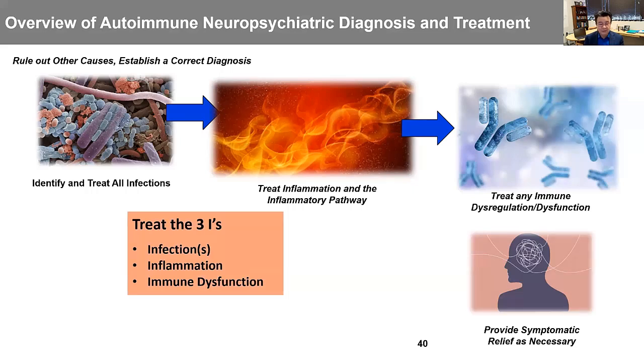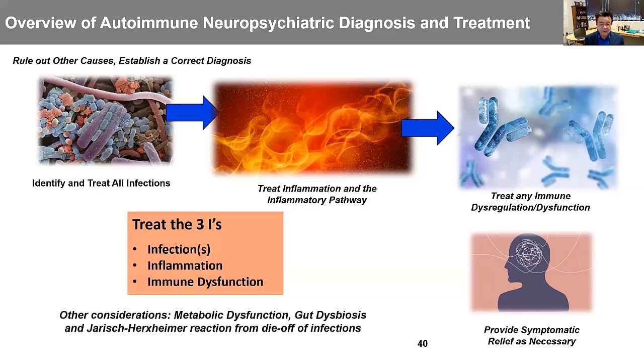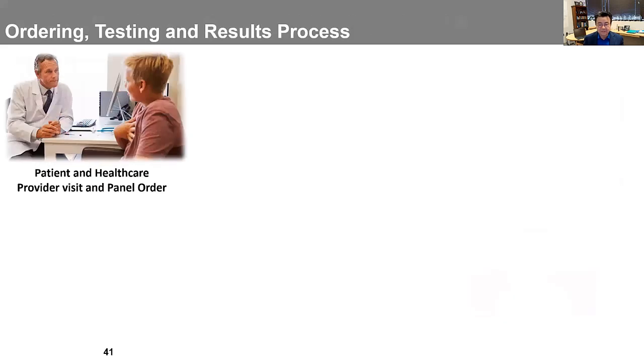Look for the infections, treat them. Look for inflammation, treat the inflammation, treat the immune dysfunction. And what we find is you certainly should consider, depending on the length of time the patient is ill, the metabolic dysfunction, gut dysbiosis, Herxheimer reactions when you begin to treat these. So there are many things that make it a little bit more challenging, but our goal is to provide a tool that gives you some biological evidence.